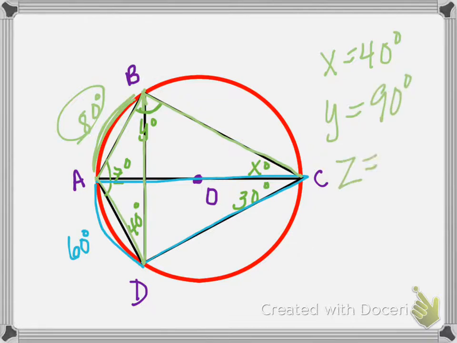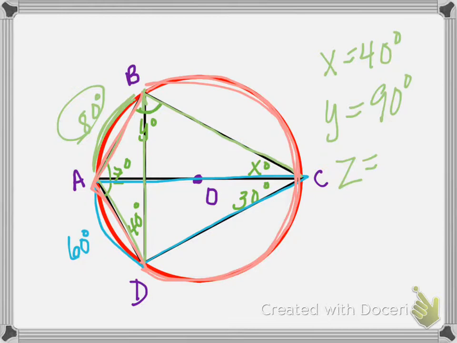My last thing I have to look at is z. So I see that z is this angle right here, and it is inscribed, and it intercepts that arc.